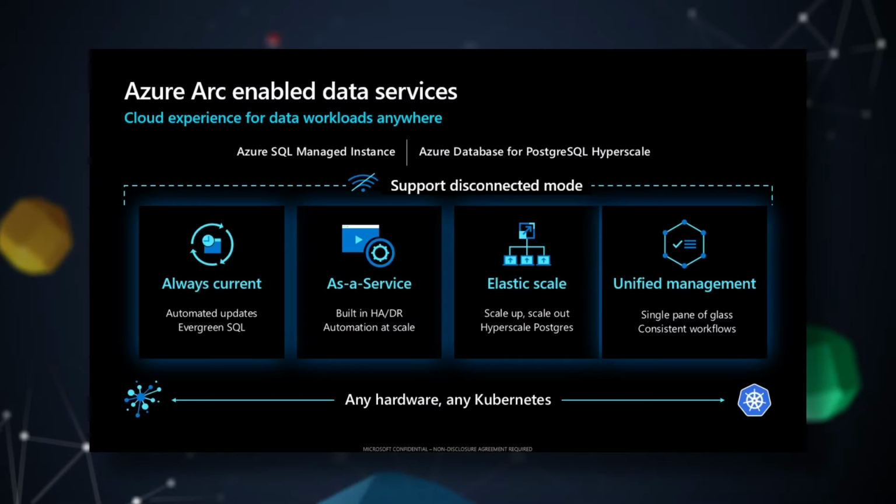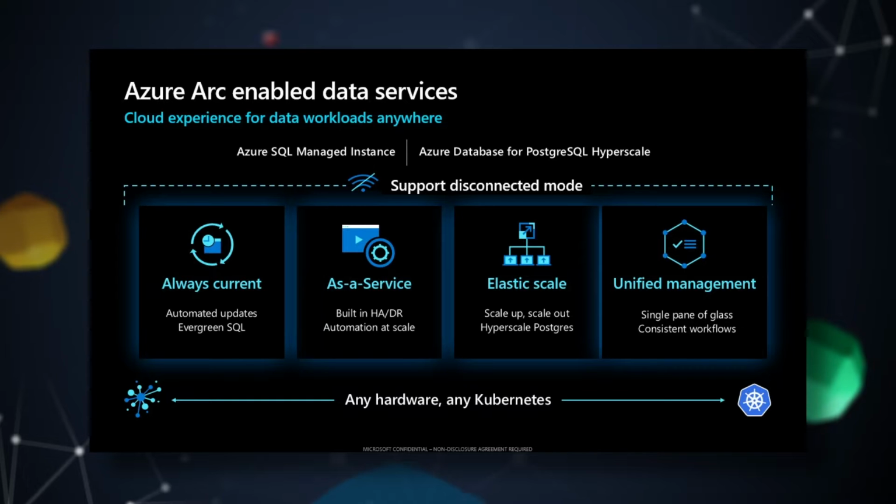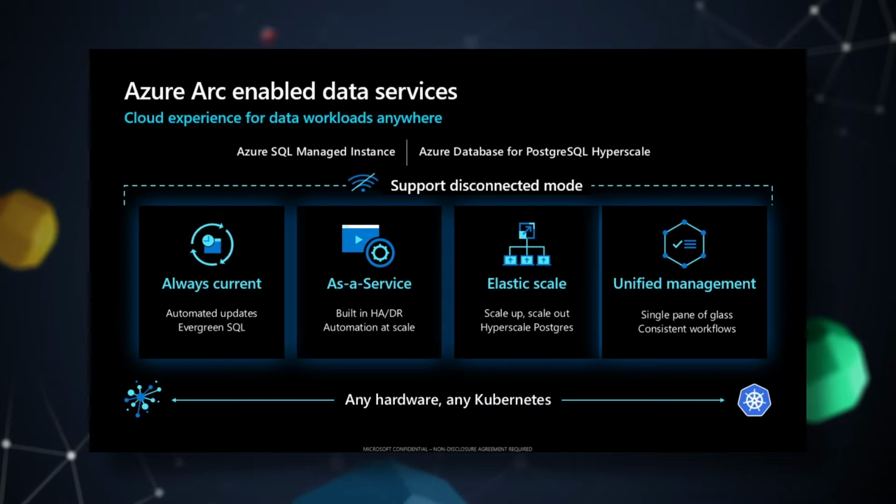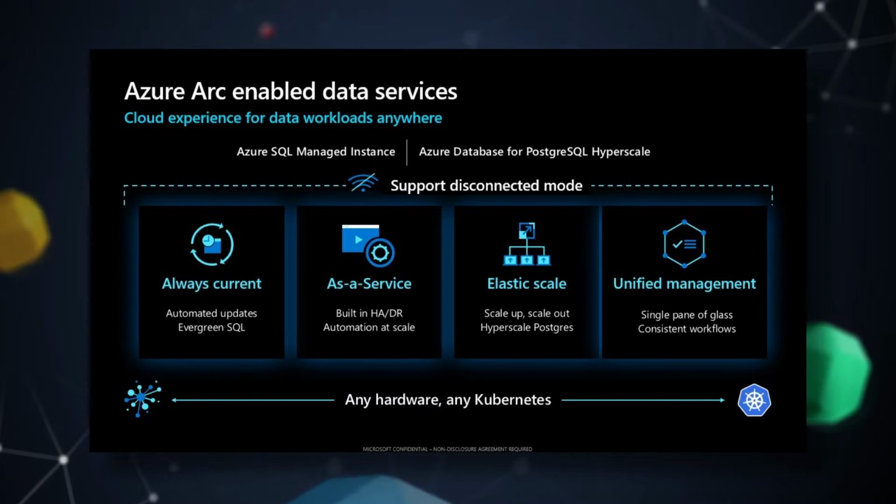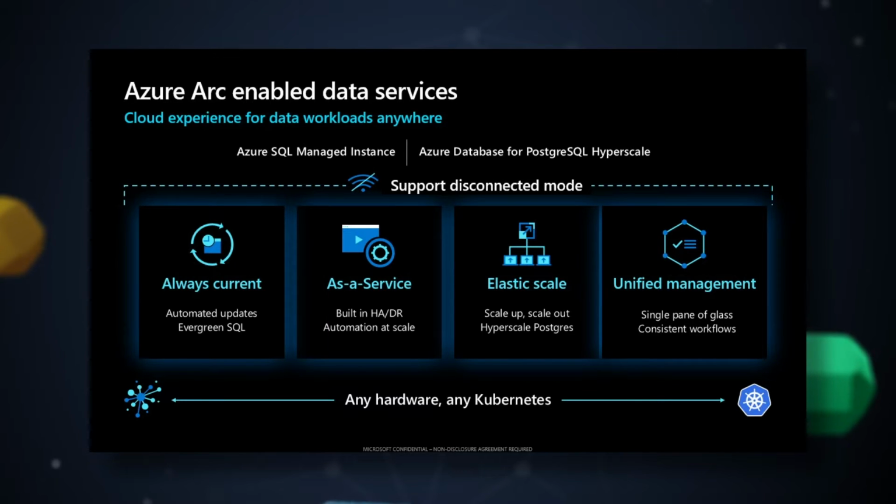And as a customer, I'm not worried about whether I have any security vulnerabilities. Next, elastic scale, which is a key aspect of using the cloud. They can get that elasticity, whether they want to scale out or scale up, just by changing some configuration and deploying that policy across their several clusters.